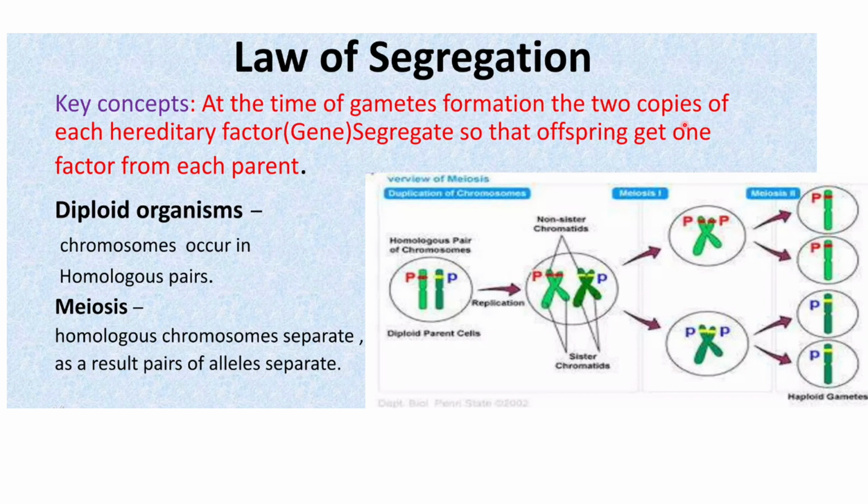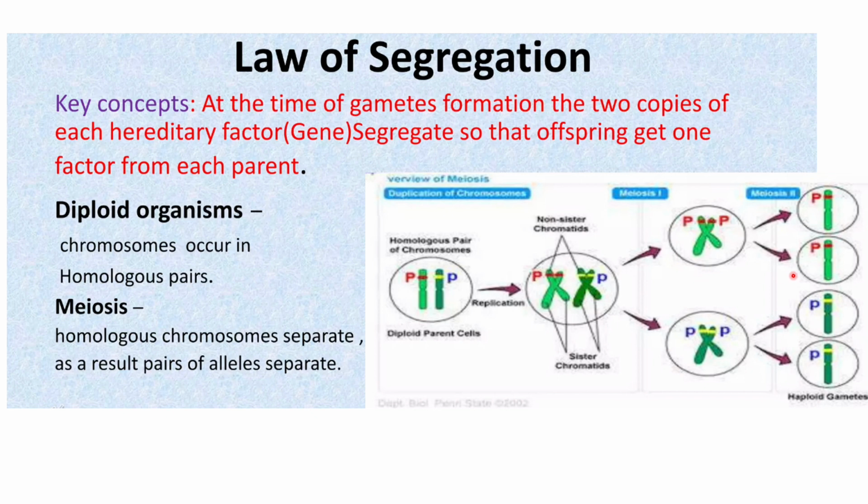Further, let's now learn about the law of segregation. During gamete formation, every paired allele separates, that is, segregates randomly so that each gamete receives one allele or the other. So, the two alleles of a gene present in the F1 generation do not mix with each other.